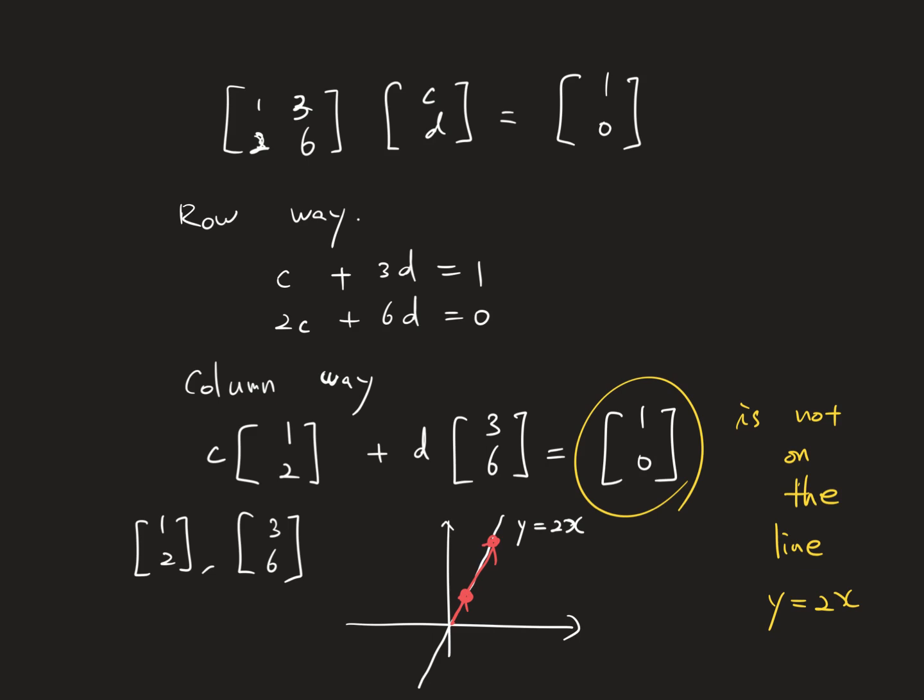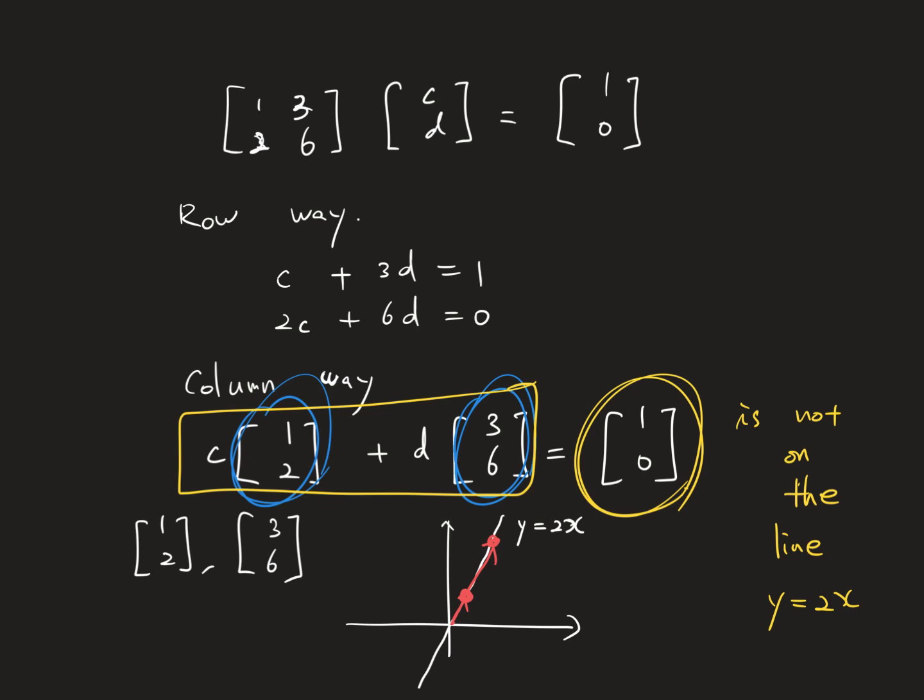The left-hand side is the linear combination of 1, 2 and 3, 6, but they are all in the same line. So the linear combination of these two vectors should be on the line, but 1, 0 is not on the line. So we cannot find any weight that satisfies this equation. So in column way, we can explain why this equation fails.